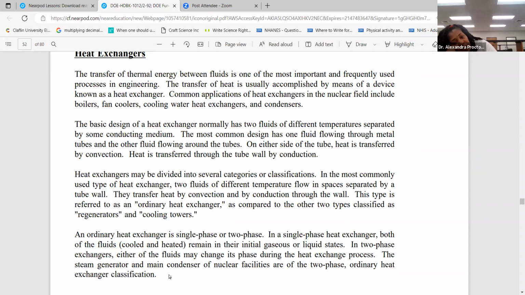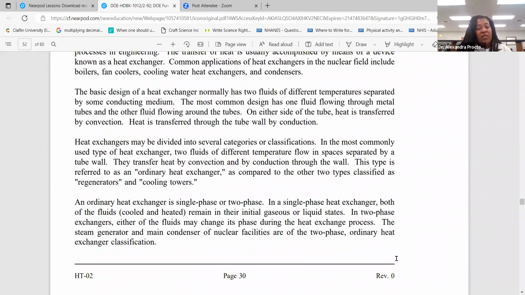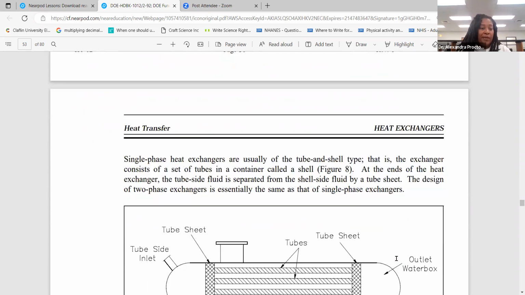So a steam generator and a main condenser in nuclear facilities would be considered to be two-phase heat exchangers, okay? So this is the ordinary heat exchanger classification.